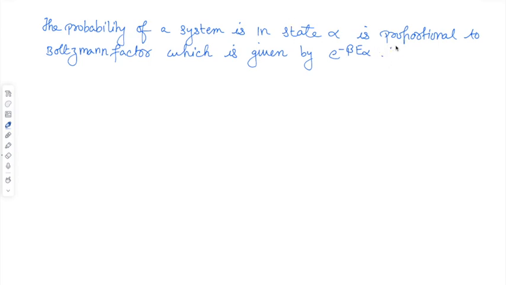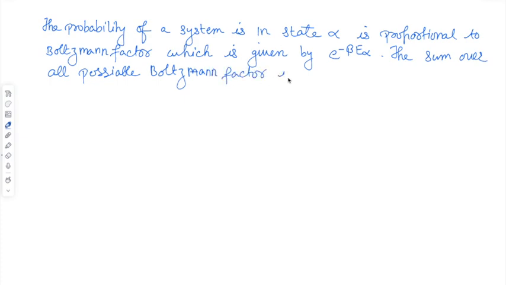Now, the sum over all possible Boltzmann factors is known as the partition function.